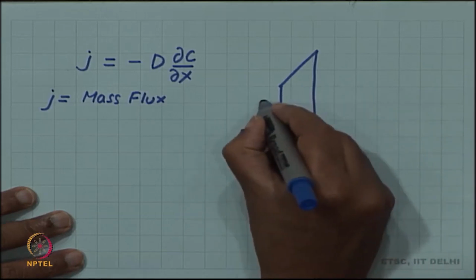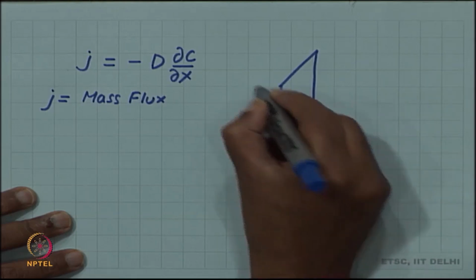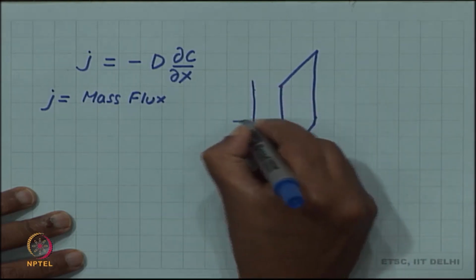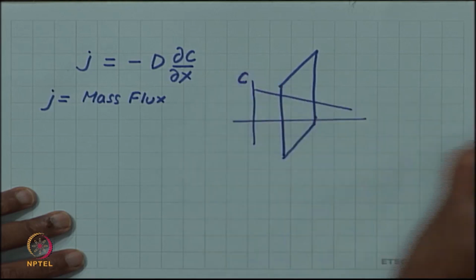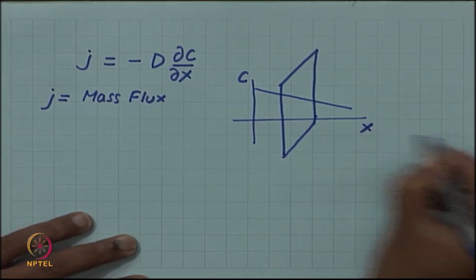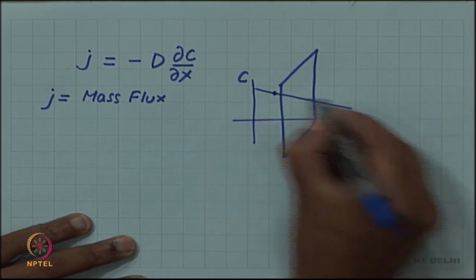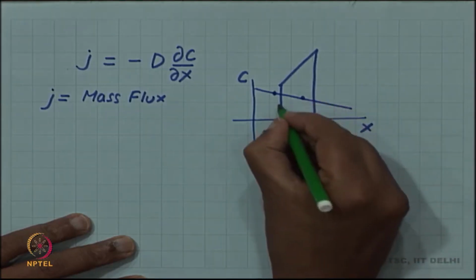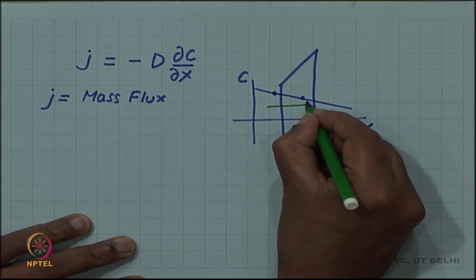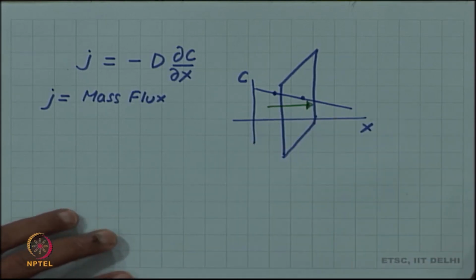Across this area there is a concentration gradient. Let us say there is a concentration which is changing. If there is a high concentration on this side and a low concentration on this side, mass will cross this area in this direction, from high concentration to the low concentration.